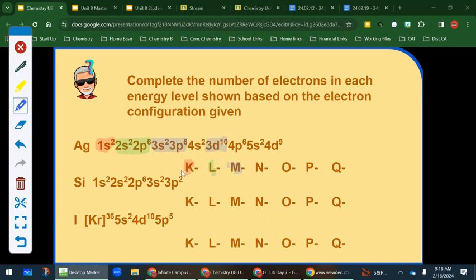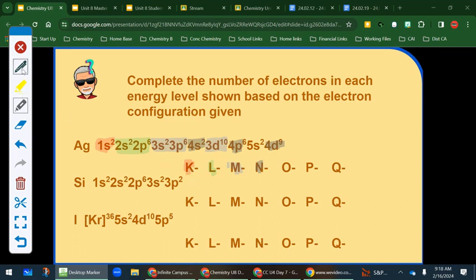Those all get added up together for the M. For the fourth level, again, you've got the 4S's here, the 4P's here, and then you've got the 4D's here. So you just need to be careful and add up everything.